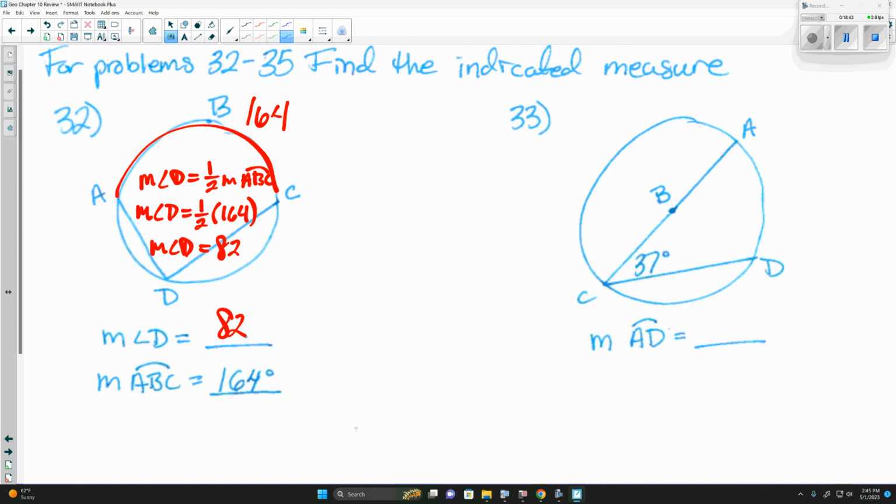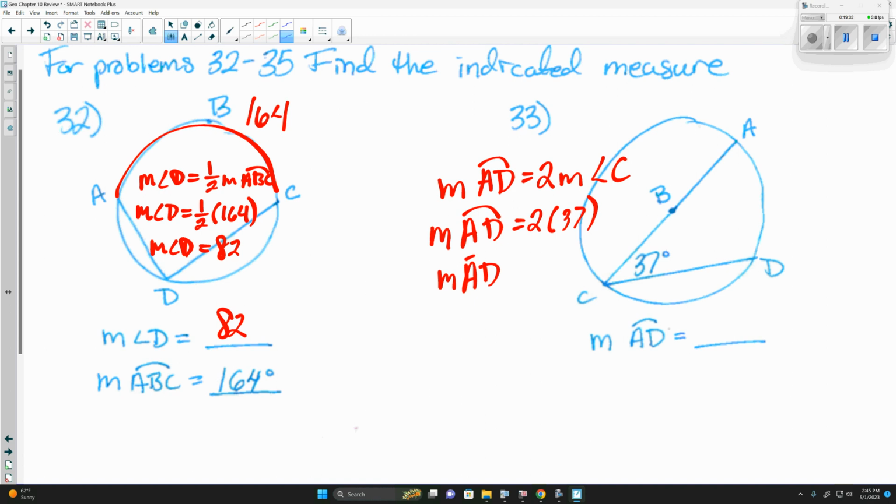Now the same thing is true with 33. The measure of AD, the measure of the arc, is equal to twice the measure of the inscribed angle. So the measure of AD is equal to 2 times 37. So the measure of AD is equal to 74. So to go from an inscribed angle to an arc, we multiply by 2.